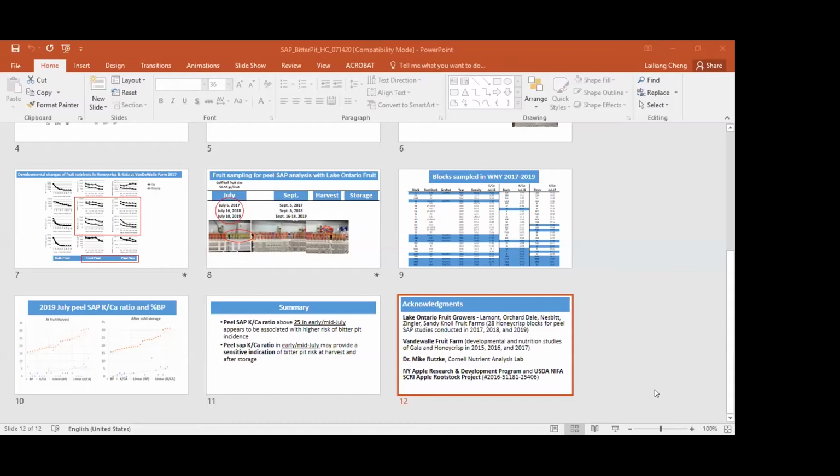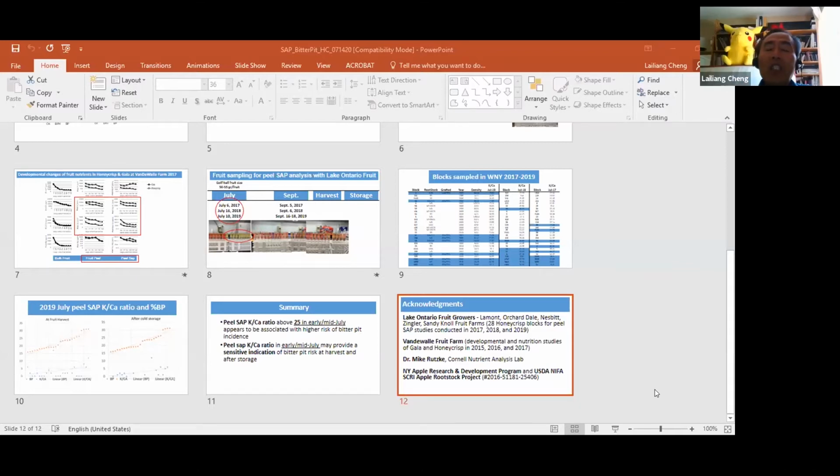Potassium-calcium ratio. Yes, for 2019, because overall it was a low bitter pit year. And that is reflected in the range of the potassium to calcium ratio, 16 to 31. Like in 2017, the ratio goes up to over 40.